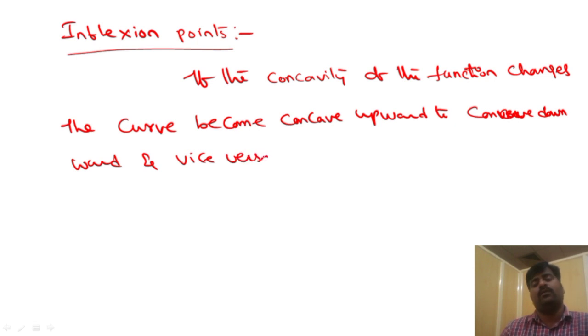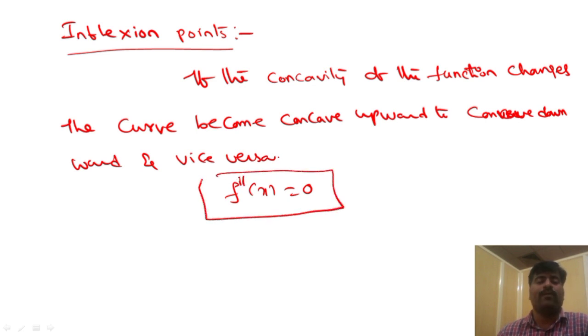So we can find this using f double dash of x equal to 0. By equating f double dash of x to 0, we can find the inflection points. Very simply, we can find the inflection points using this formula.